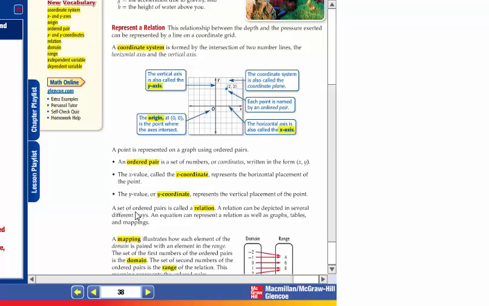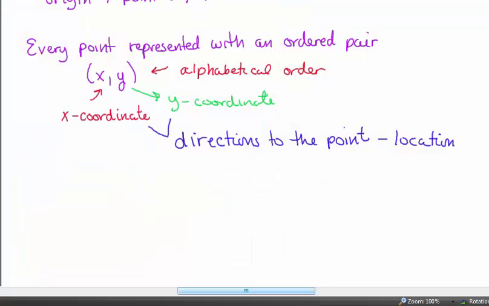Right? If we have a set of ordered pairs, it's called a relation. So let's talk about a relation.